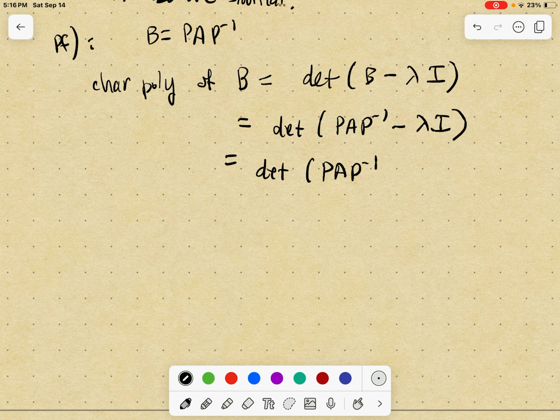And the trick is that I notice that I have a P here and a P inverse here. Can I somehow get P and P inverse in here? And the answer is yes, because this is just P times lambda I times P inverse.